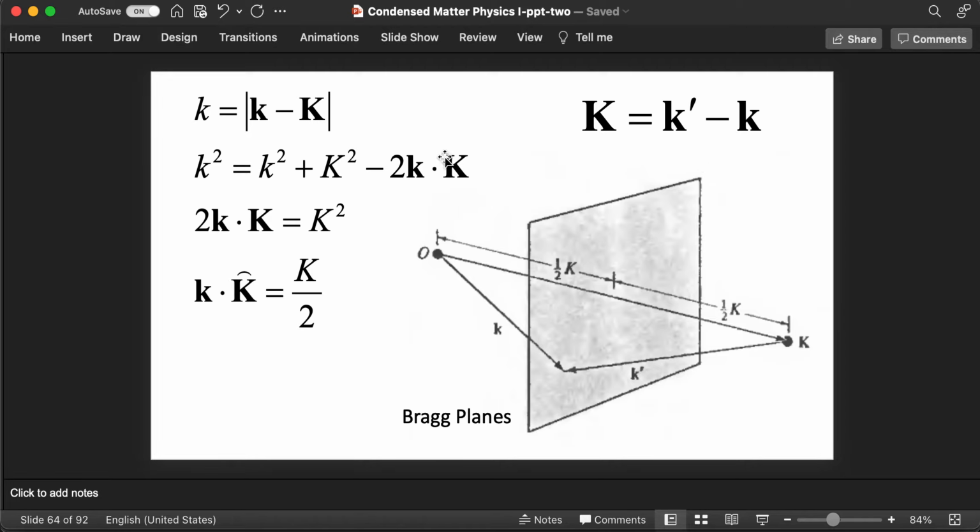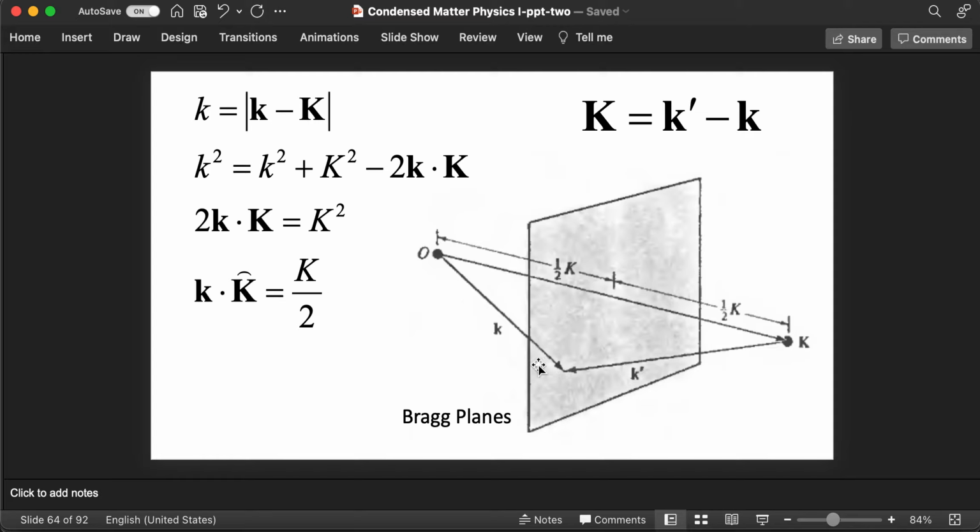Now I can pictorially depict this. So I can draw the reciprocal lattice vector capital K like this, and from a point O, I can draw a plane that bisects that reciprocal lattice vector, and I can draw the incident wave vector and the scattered wave vector, with the tips touching the plane.